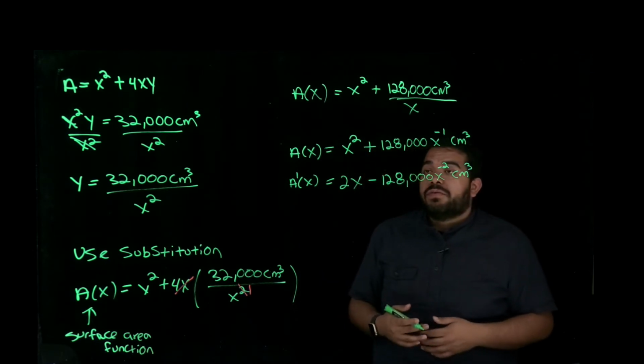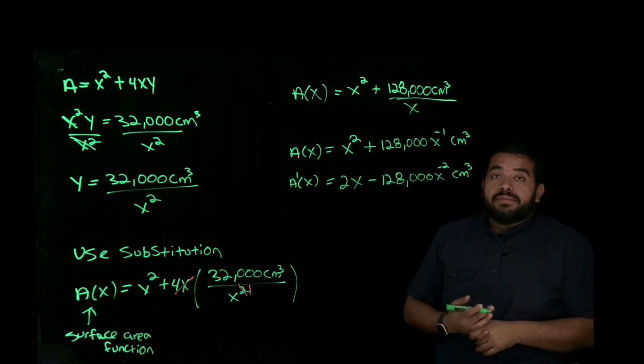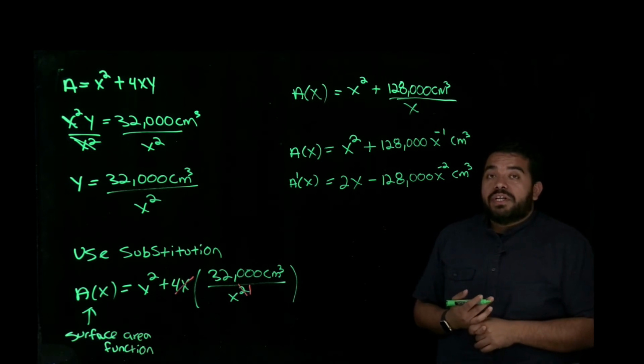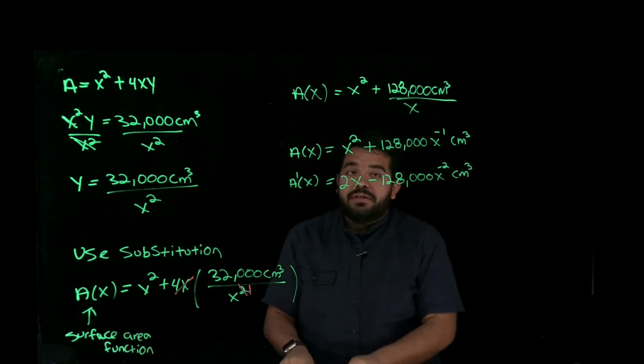Now that I have this, what is it that I want to do? Well, remember, every time I am talking about maximum and minimum, I have to make sure that I find my critical numbers. Why? Because critical numbers are essential to finding possible local maxes and local mins. If you don't remember, let me remind you.